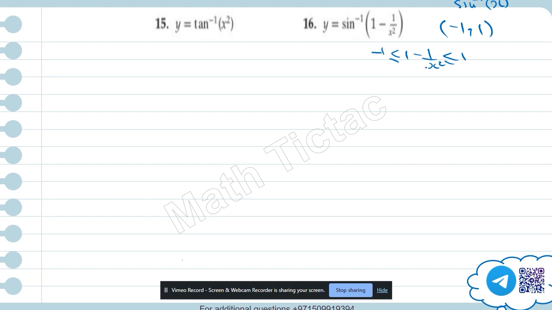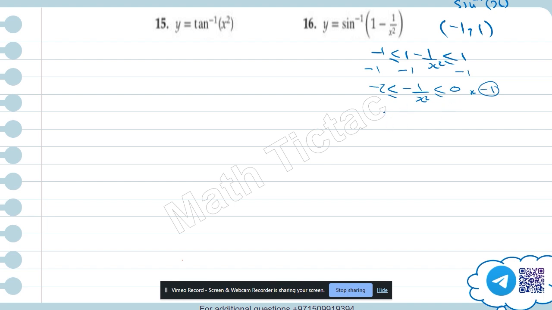So -2 is less than or equal to -1 over x squared, which is less than or equal to 0. Then I'll multiply all the sides by -1 and flip the symbols. So it will be 2 greater than or equal to 1 over x squared, and here greater than or equal to 0.